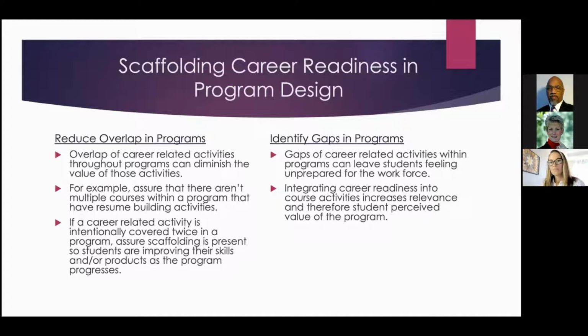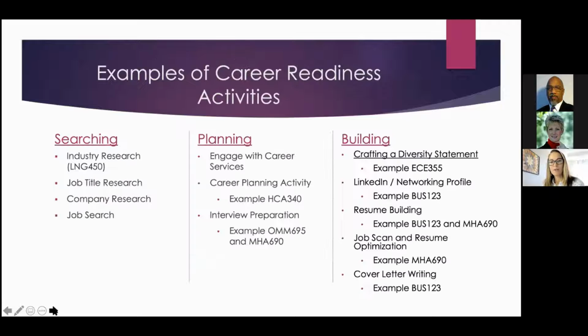So let's go to the next slide and let's talk about some examples of career readiness activities. We've defined these 3 categories. So we have searching activities, planning activities, and building activities. And we're going to provide examples of some of these, and you can see the course codes for some of these.